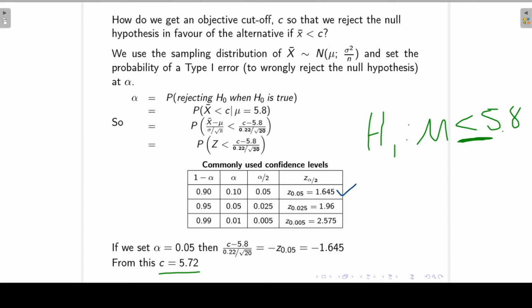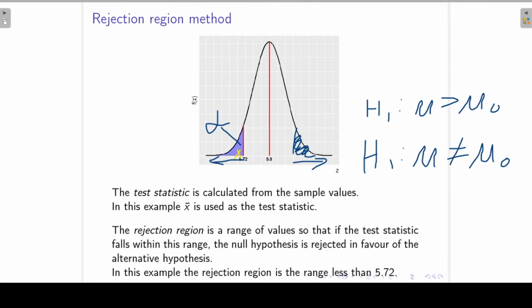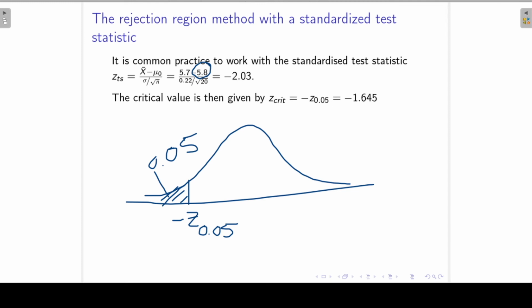And if you are not sure where this table comes from, I refer you back to the lectures on the normal distribution. We also made use of this quite extensively in confidence intervals. Okay, so my minus Z 0.05 is just minus 1.645.